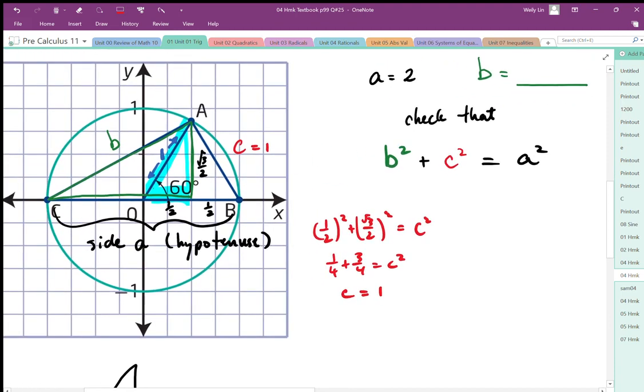I'm going to do the same thing for B. Now for B, I'm going to use this green triangle, which I highlighted there. The horizontal length here is going to be 1 from C to the origin, and then 1/2 to the vertical. So that is 3 over 2, and then the vertical length is root 3 over 2, which we've already worked out.